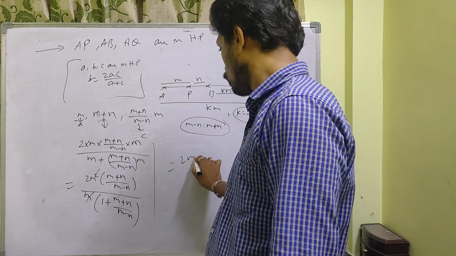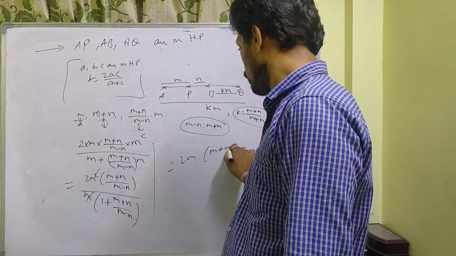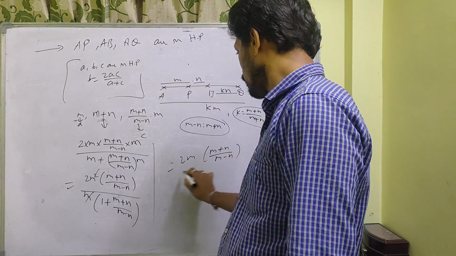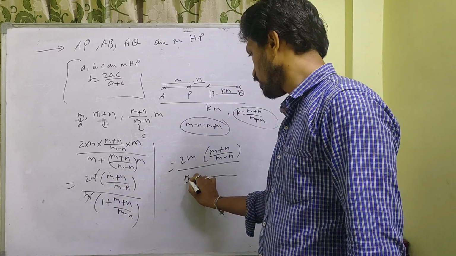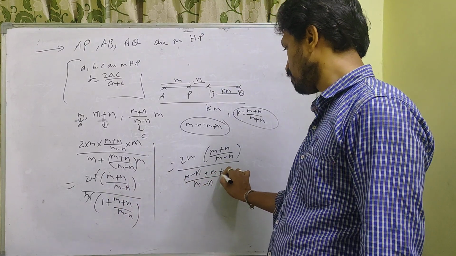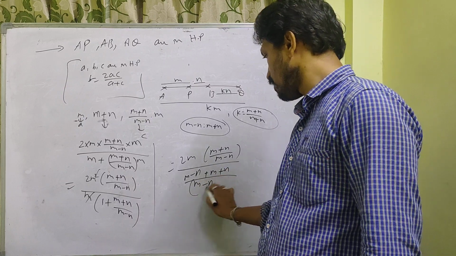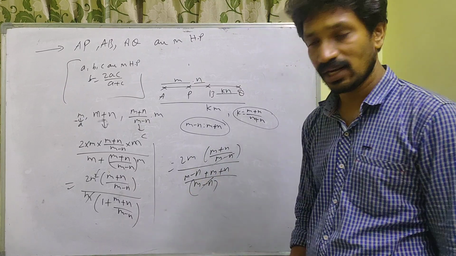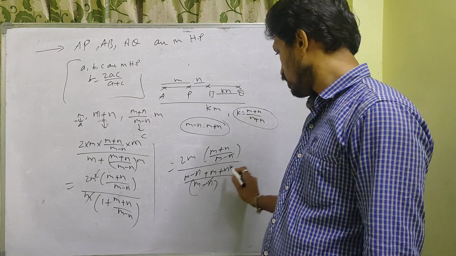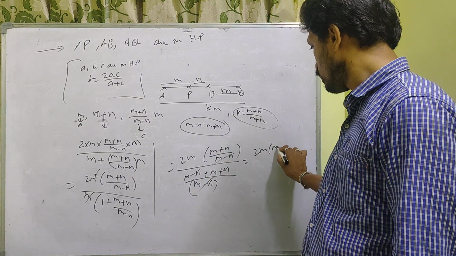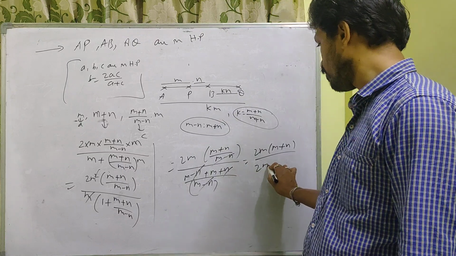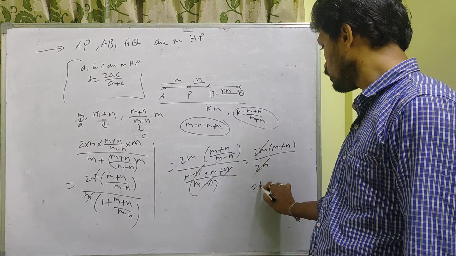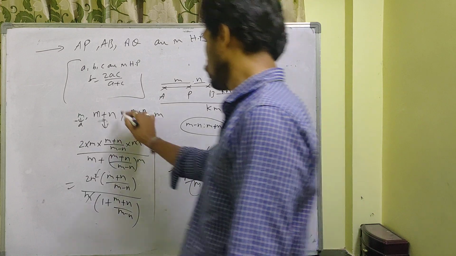So 2m into m plus n by m minus n, by take m minus n LCM. So here m minus n plus m plus n. So this m minus n gets cancelled, and left over here 2m into m plus n by n cancel, you have 2m. So 2m gets cancelled, what you have, m plus n.